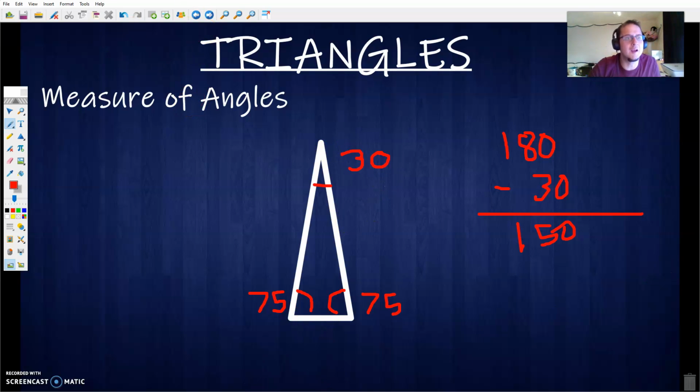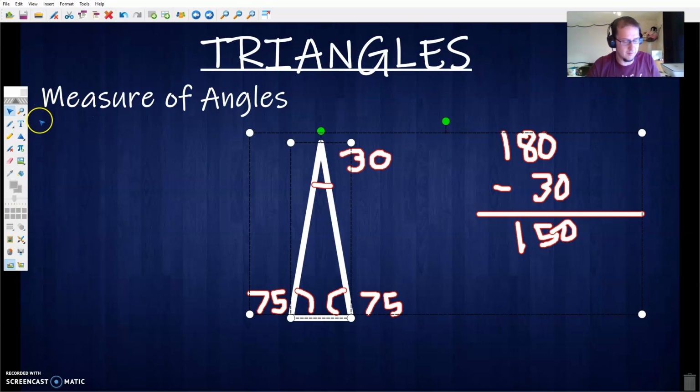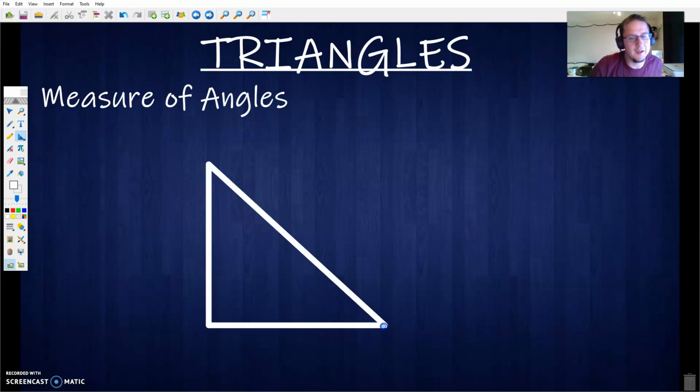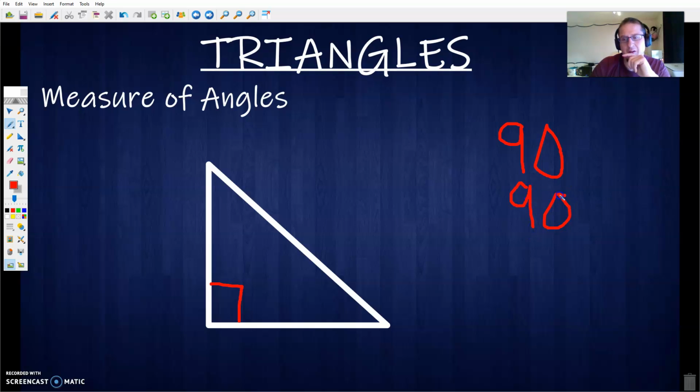One more thing I wanted to talk about is, if we look at this, this is a right triangle. And this is going to be a question on your assignment, so make sure you're listening. If I have a right triangle here, is it possible for a triangle to have two right angles? Think about that. If a right angle is 90 degrees, another right angle would be 90 degrees.